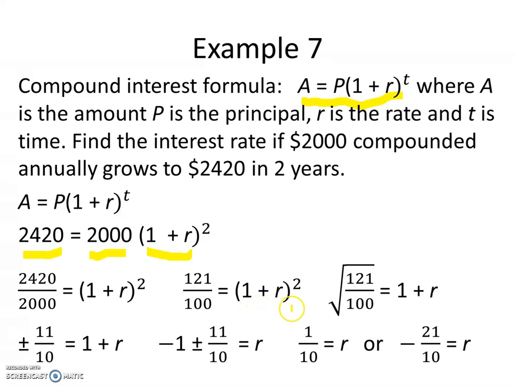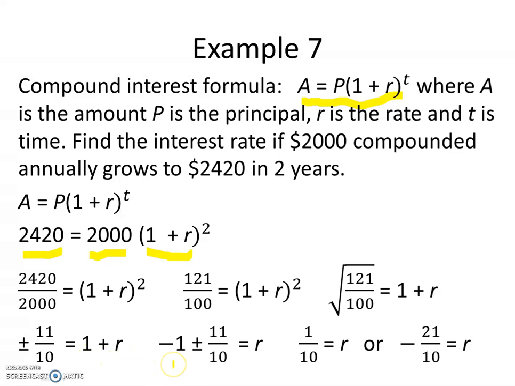So we're going to take the square root of both sides, and we get the square root of 121 divided by 100 equals 1 plus r. When we look at the 121 over 100, we see that they're both perfect squares. So now we have plus or minus 11 divided by 10 equaling 1 plus r.